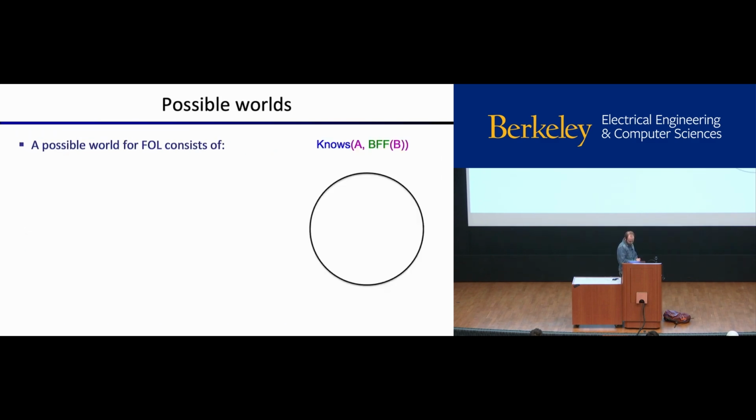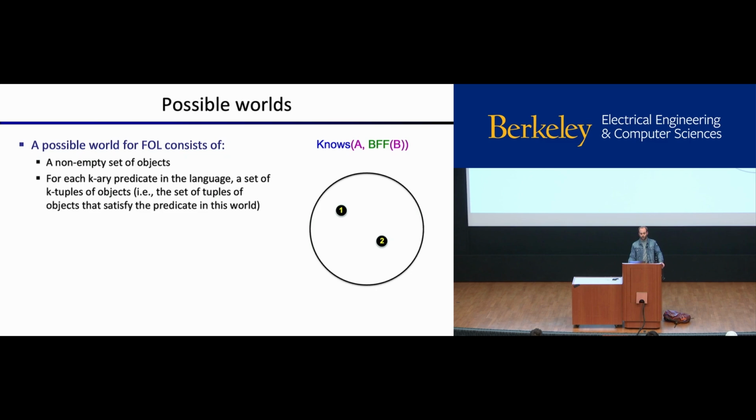Okay, so a possible world for first-order logic consists of a non-empty set of objects. Let's call them 1 and 2. For each k-ary predicate, that is a predicate or relation that takes k arguments, here we have one binary predicate, the world gives a set of k-tuples of objects for which the predicate is going to return true.